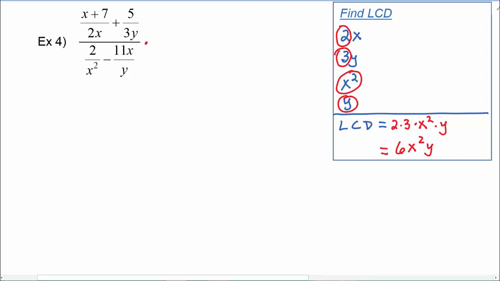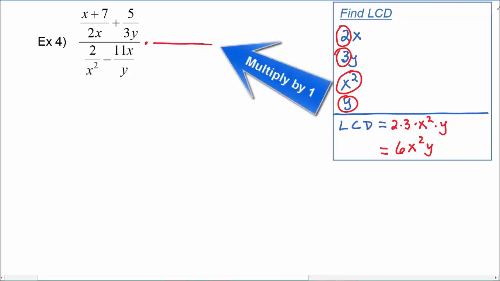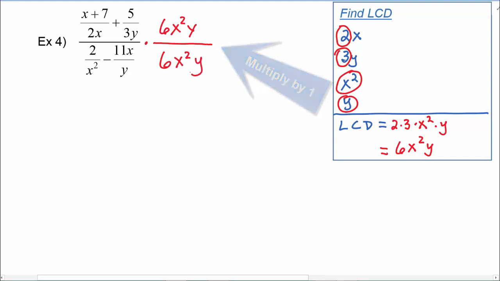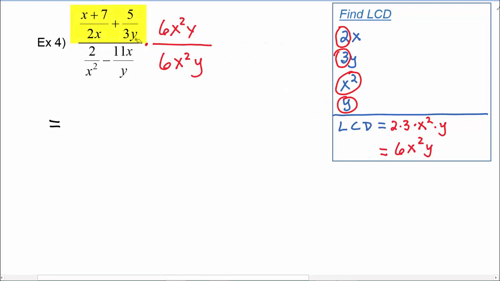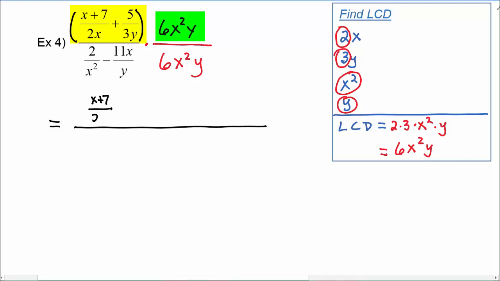We come back to the original fraction, then we're going to multiply by 1 in the form of 6x squared y over itself. Now we're ready to multiply numerator times numerator, which means we'll be distributing, and we'll get x plus 7 over 2x times 6x squared y plus 5 over 3y times 6x squared y.